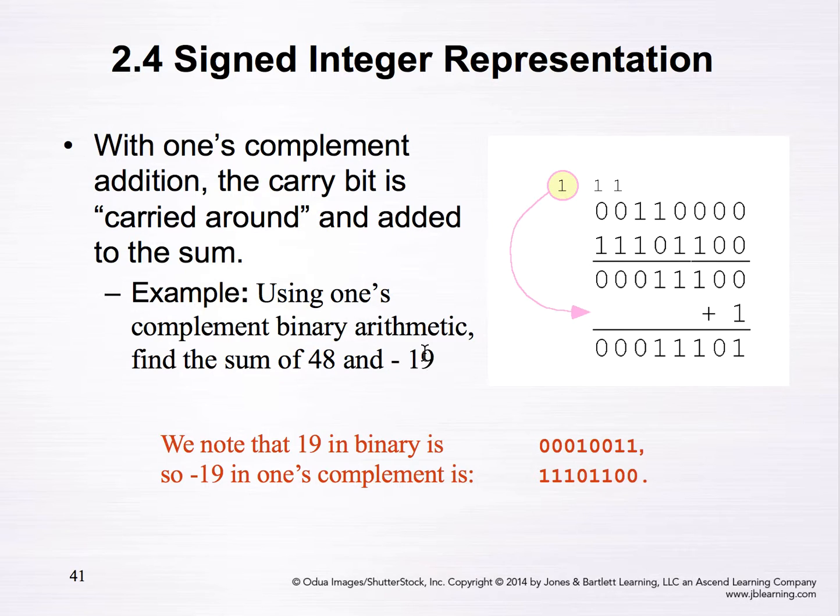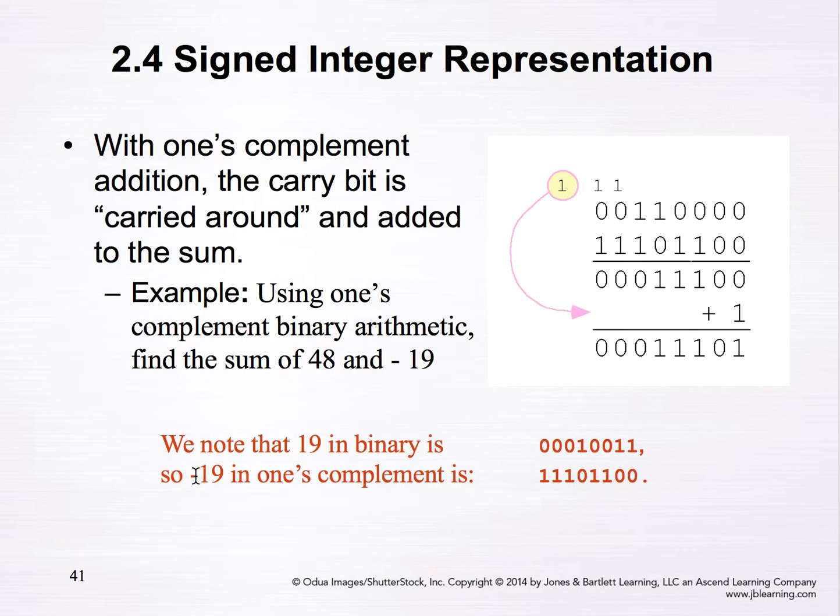For negative 19, in order to find the one's complement representation, first of all, we need to find the binary representation of positive 19. Positive 19 can be represented by this binary string.